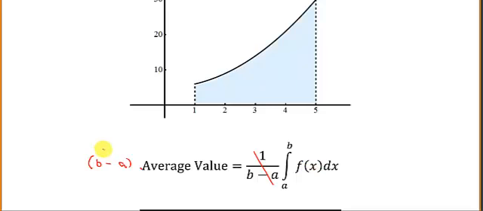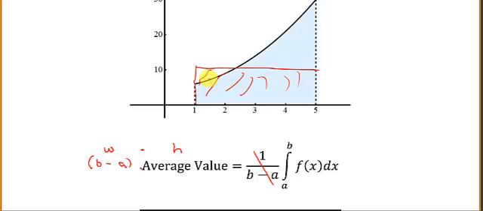Think of this as the width and the height of a rectangle: the average value is the height of a rectangle with the width being the length of the interval, and the area of that rectangle has to be precisely the area under the curve, precisely the definite integral.